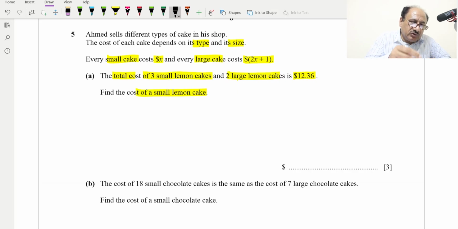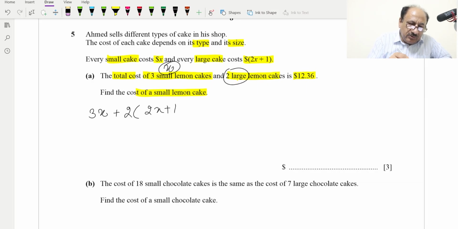So let us suppose a small lemon cake costs x. We are taking 3 small lemon cakes, so 3x, plus a large cake costs 2x plus 1, and we are taking 2 large cakes, so 2 multiplied by 2x plus 1.